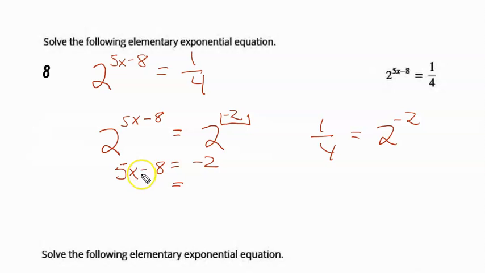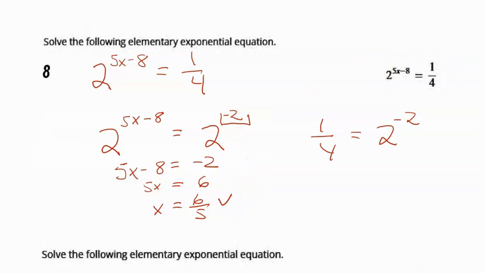I'm going to bring this -8 over to this side as a +8. So this becomes a 6. And now 5x equals 6. So x is going to equal 6/5. And if you take 6/5 of this, this becomes a 6. 6 minus 8 is -2. 2 to the -2 power is 1/4, so it checks out.